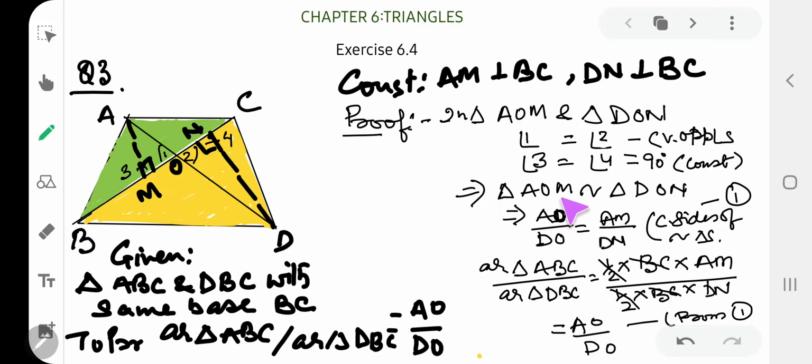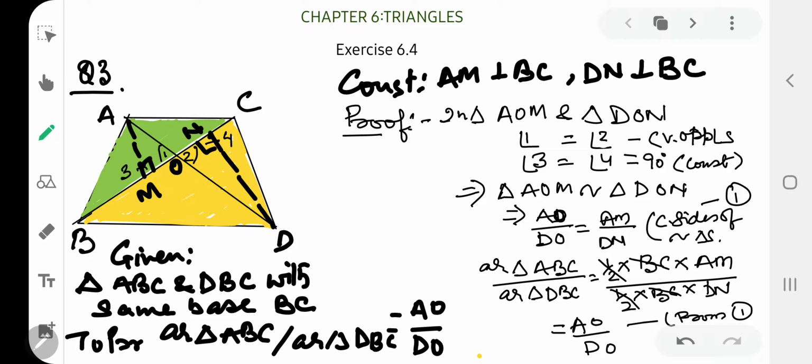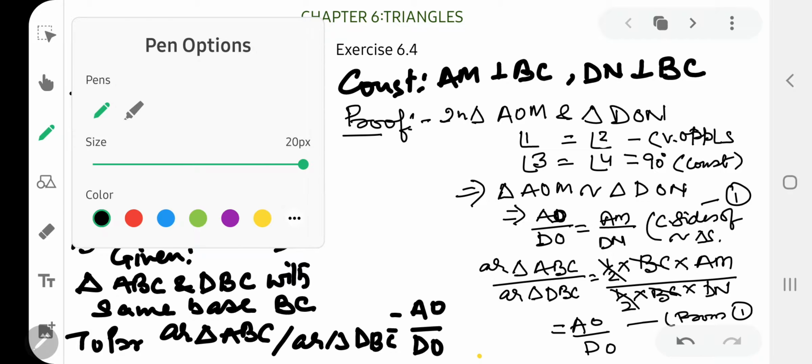Angle M was equal to angle N. Therefore, if M is at third place, N should be at third place. So we can say by AA similarity, these two triangles are similar.